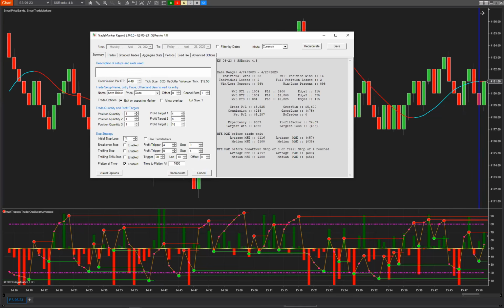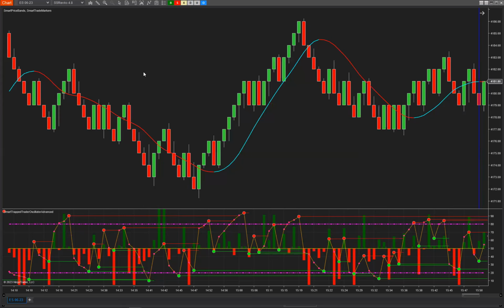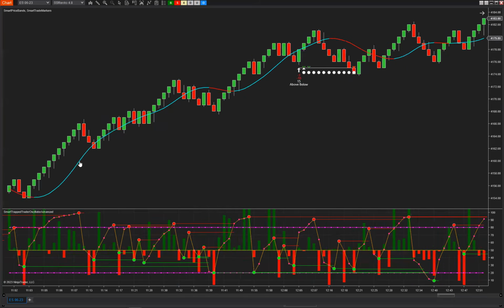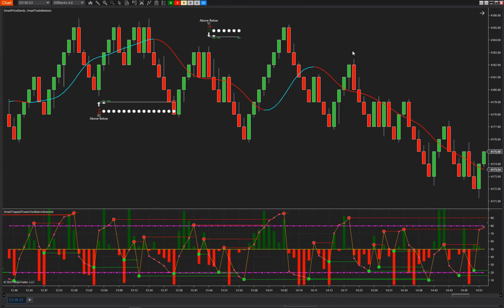You can move this around. If you move that up, you'll make more money. If you move it down, you'll make less money over a long period of time, but we're just going to leave it here, and I'm going to cut this off here. So what we have are 2 signals. We have just a simple one, for the people that like to trade a lot, above and below, just a green bar, red bar here. We didn't have a rocket here. A red bar above a red line.